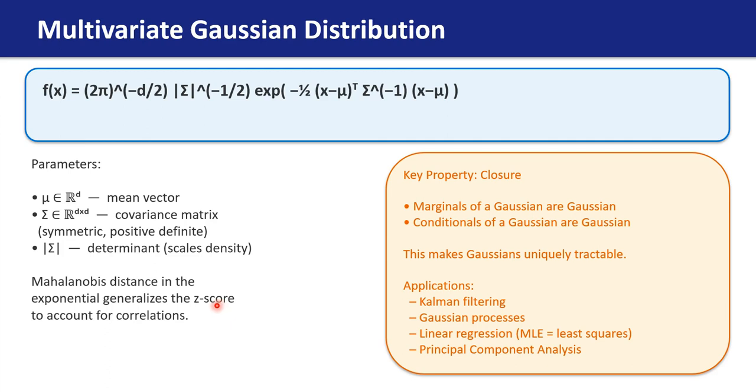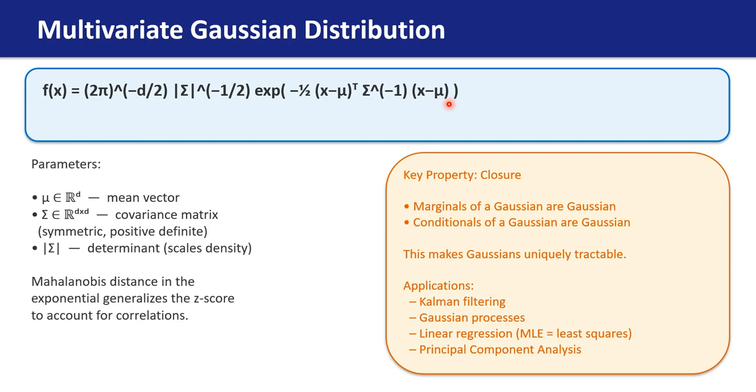A random vector X in d-dimensional space is multivariate Gaussian, written N of mu and sigma, if its density has this form: f of x equals 2 pi to the minus d over 2 times the determinant of sigma to the minus 1/2 times the exponential of minus 1/2 times x minus mu transpose times sigma inverse times x minus mu.